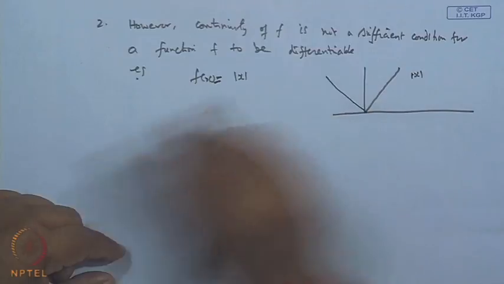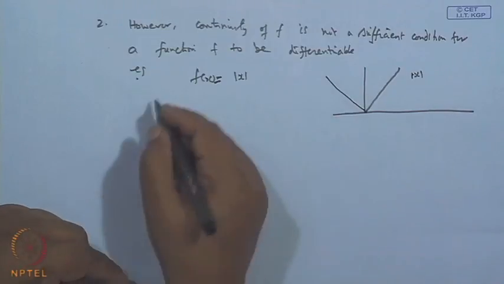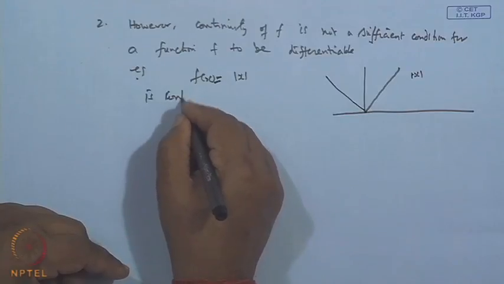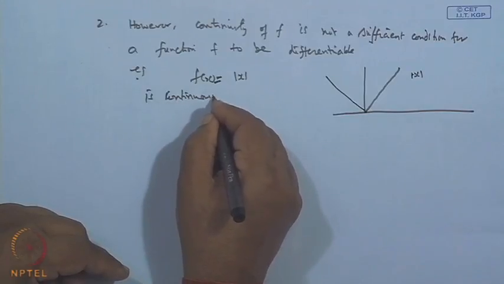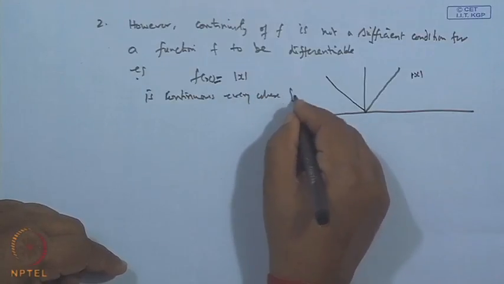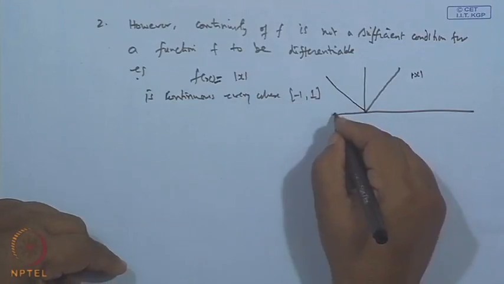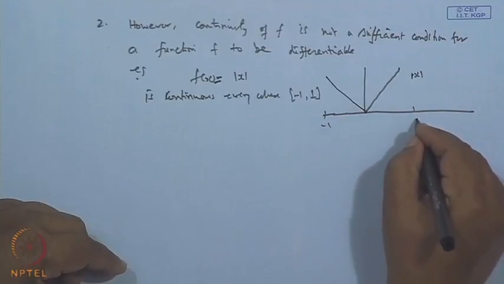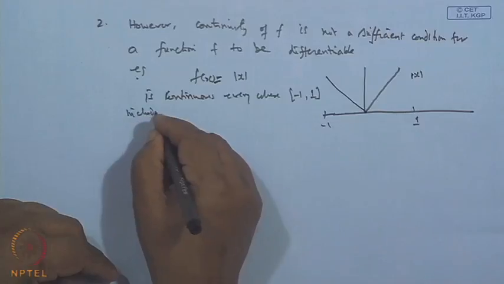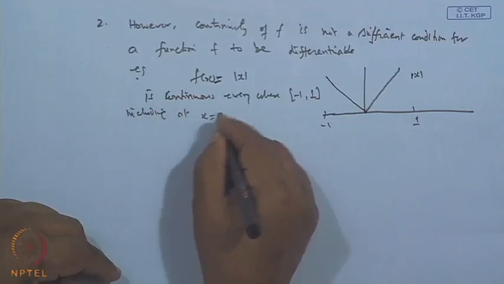Now, it is a continuous curve. In fact, the function f of x is continuous everywhere, say in the interval minus 1 to 1, including at the point x equal to 0.